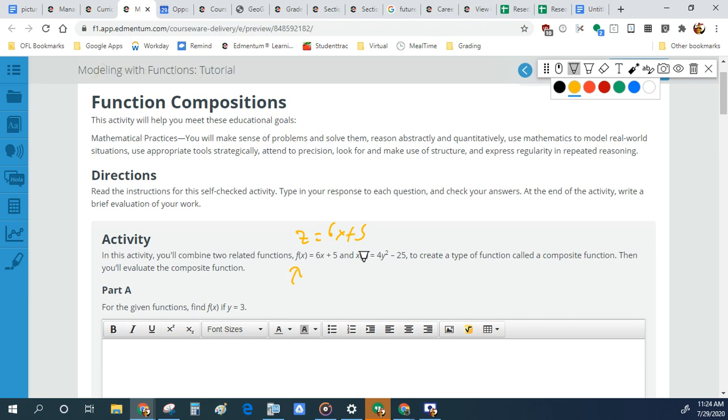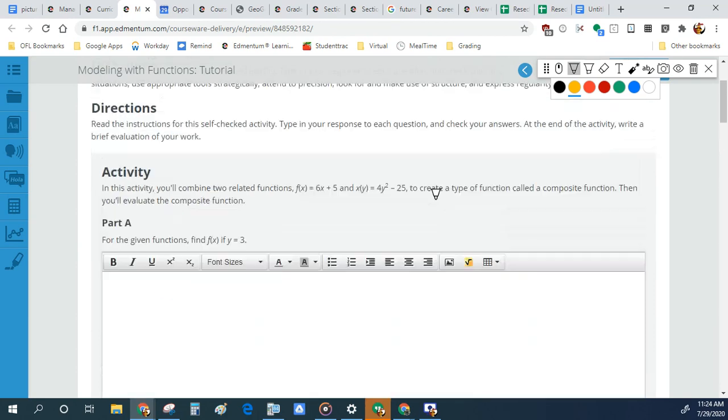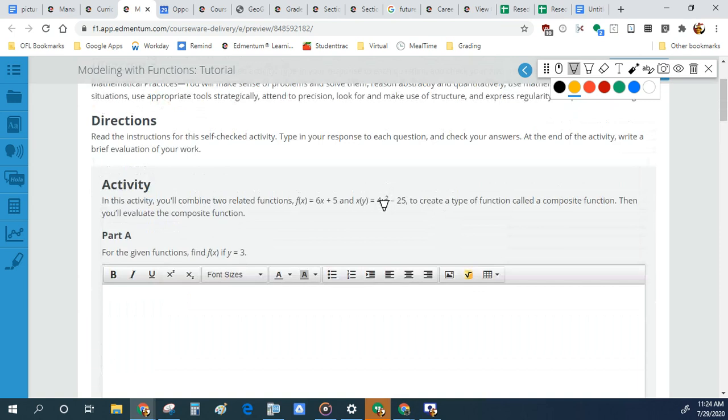They're saying f of x equals z. It's a little weird because they're saying write it so it goes in here. So basically, we're going to write f of x is equal to, and we're going to combine these functions together. Wherever we see this, we're going to plug it into the x, right?